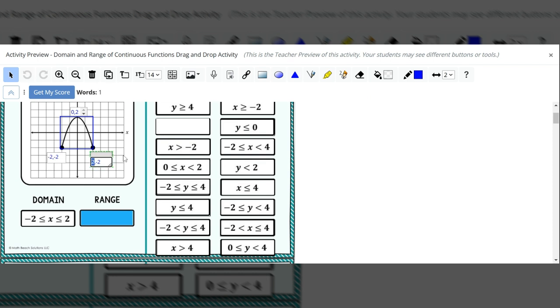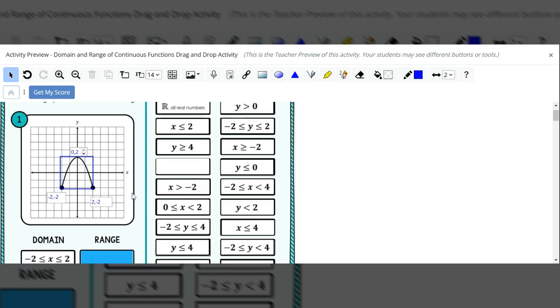Now, if I'm going to look at the range, if you notice, the left and the right have the same number, because they start and end on the same y. So my lowest part here is negative 2, but I'm going to use the letter y because that's my range, and my highest part here is positive 2.